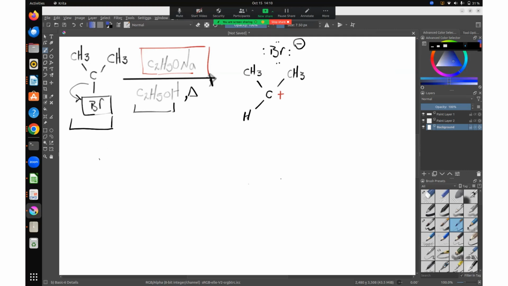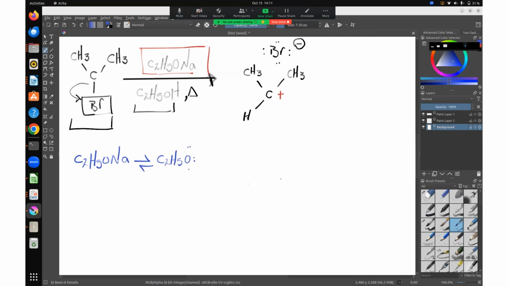As we showed in the previous lecture, when we have sodium ethoxide, C2H5ONa, in the presence of the solvent that we have, which bears a similar structure to the C2H5 of the sodium ethoxide, the ion is going to be dissociated, which means that we have C2H5O.